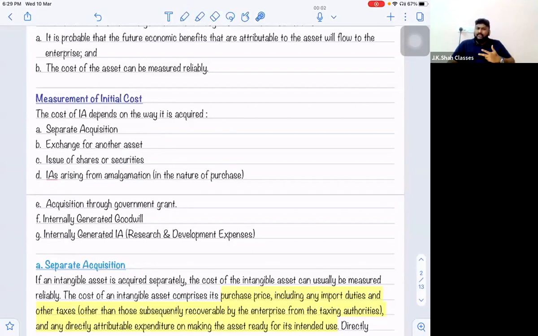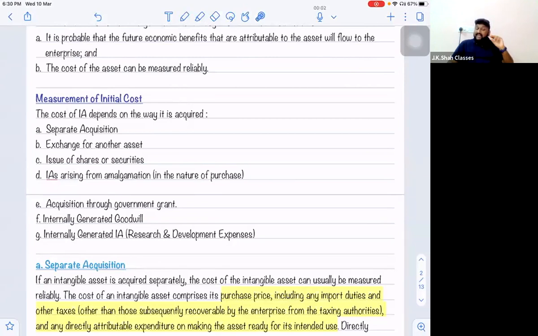Or my staff is well trained. No, sir. There are many reasons which make up the goodwill of an enterprise. So technically, allocating the cost becomes very difficult. So simple answer to it, whenever you are measuring the cost of internally generated goodwill, the answer will be 0.